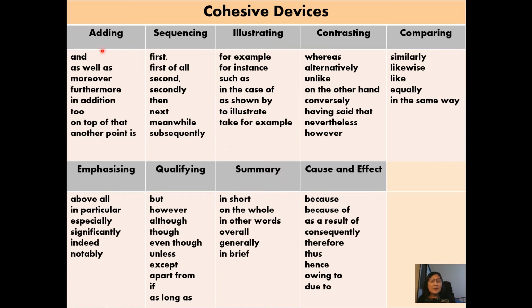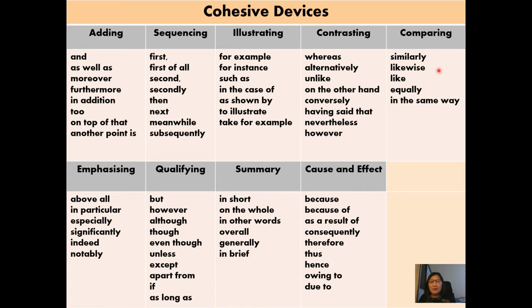So we have here adding, sequencing, right? We have used sequencing just now to introduce the main points. Illustrating, okay, when you want to give examples, and compare and contrast. Cohesive devices which you can use to show contradictory ideas. Okay, you can go through the list here yourself.